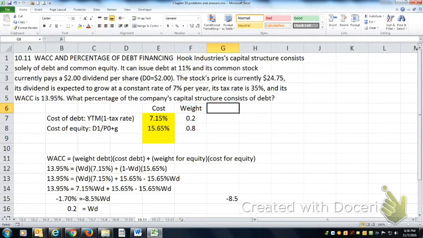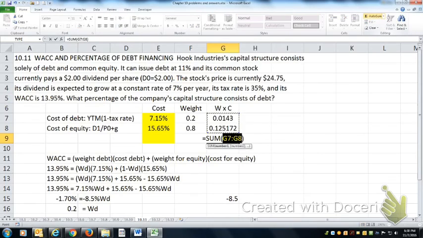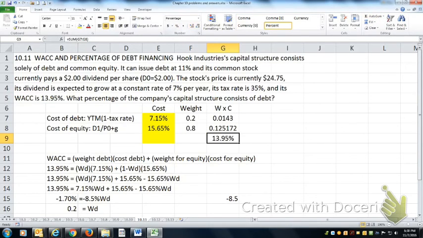So if I do weight times cost, I ought to come up with the weighted average of the two, and it should come up to 13.95%. 0.2 times 7.15, do the same thing here, add the two numbers together, and with a little rounding, of course, there's my answer.